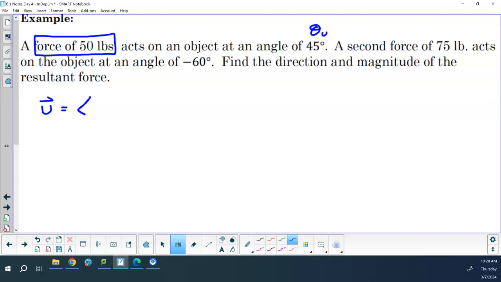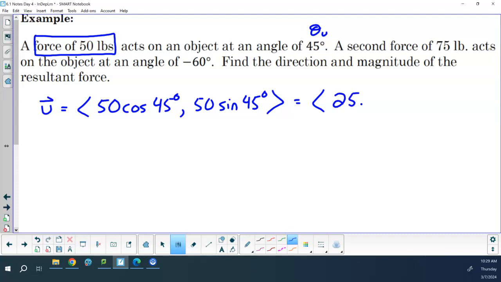So if that's the case, 50 cosine 45 degrees, 50 sine 45 degrees. Which would give me cosine at 45 degrees is root 2 over 2 times 50, 25 square root of 2. Same for the sine.